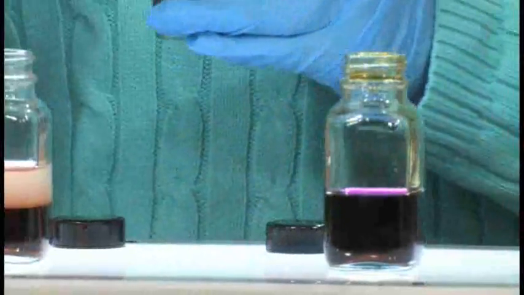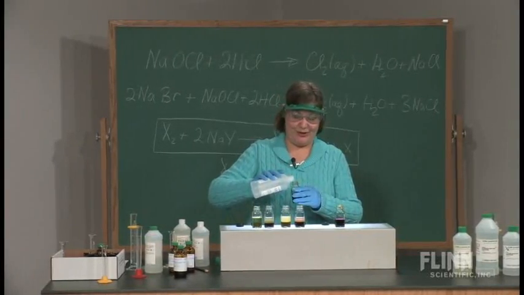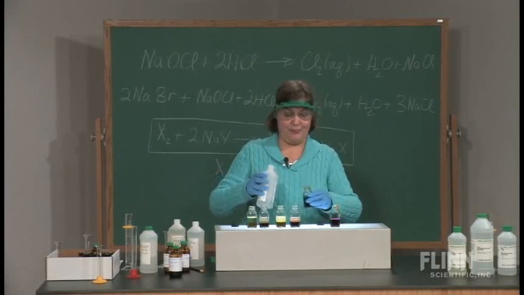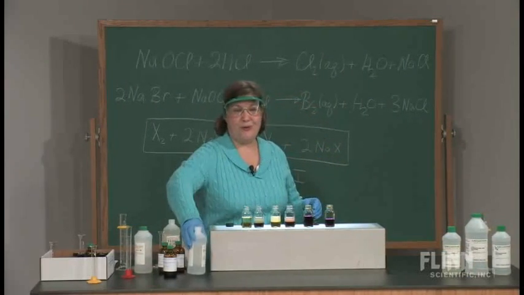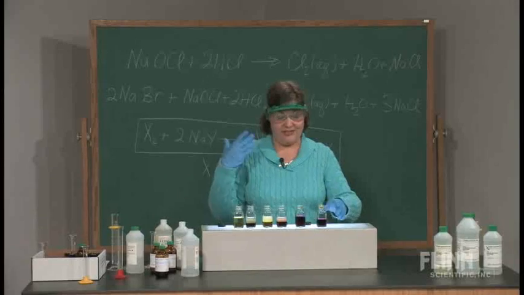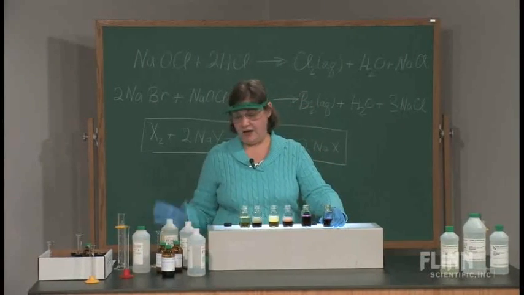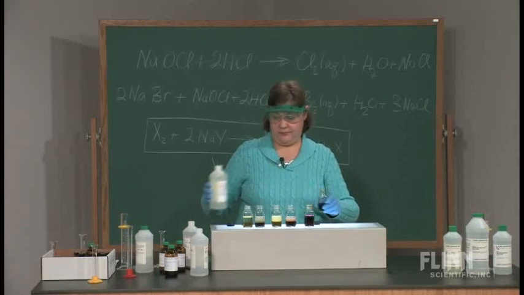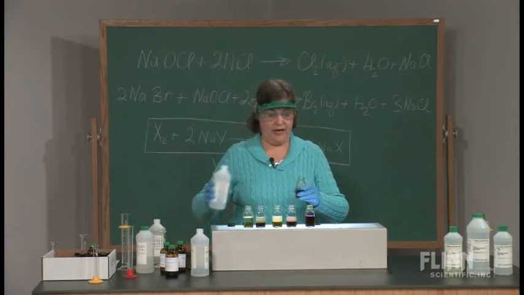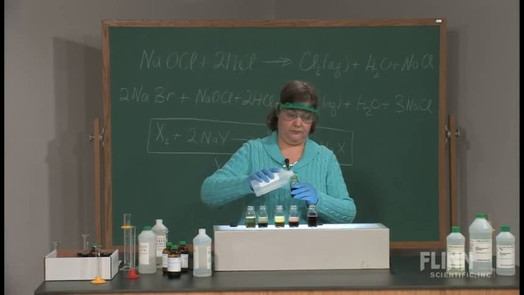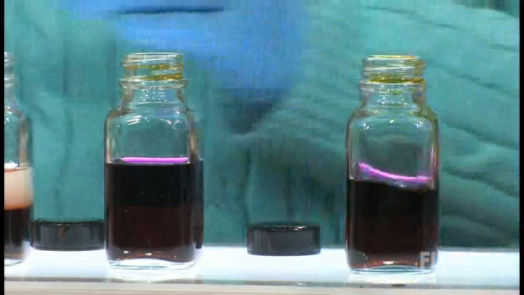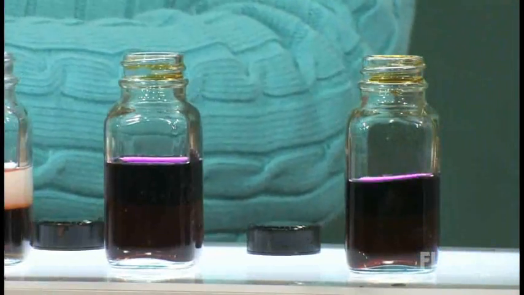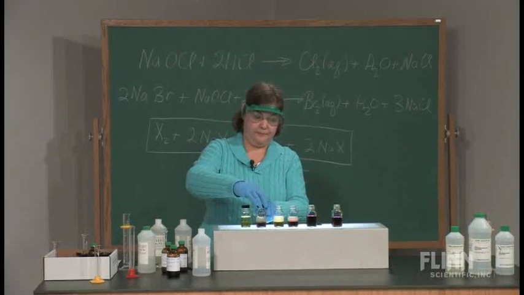It obviously helps if you're doing this as a demonstration for your students. You'd want to put a data table on the board and have your students fill out the data table as they go along. So I added sodium chloride to the first one and sodium bromide to the second one. And let's cap those up so that we can shake them and mix them.